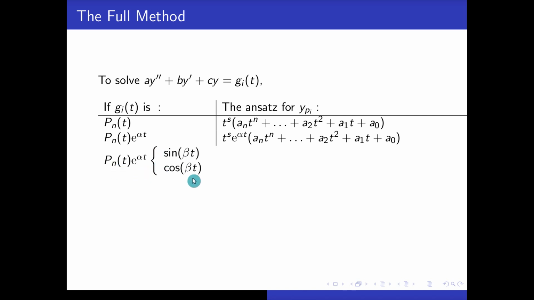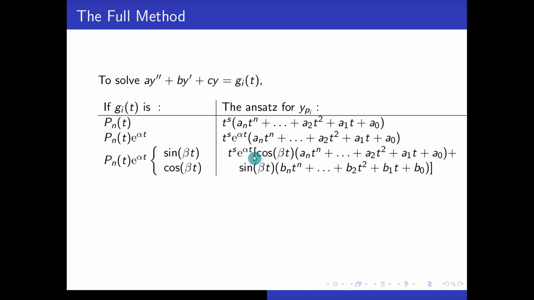Similarly, if you have the sine and cosine attached, you're going to have a full polynomial of degree n for the cosine, and a full polynomial of degree n for the sine. We're going to multiply that by our exponential function, and then we multiply that by either nothing, t, or t squared, depending on whether this function is part of the homogeneous solution or not.